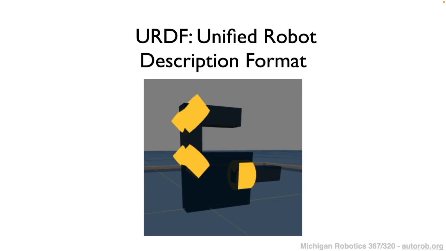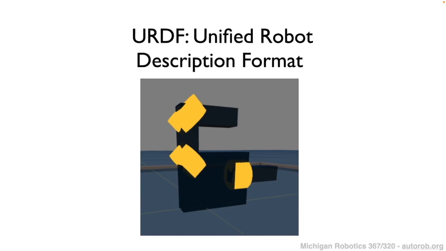But once again, URDF stands for Unified Robot Description Format, and so it's a way for us to describe the kinematic structure of robots in a very general form, so that the description can apply to any kinematic structure that we might want to work with in our robot operating system.